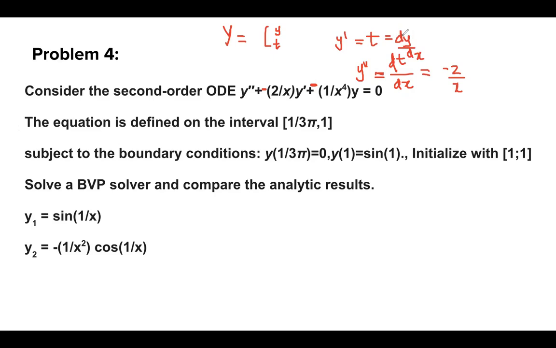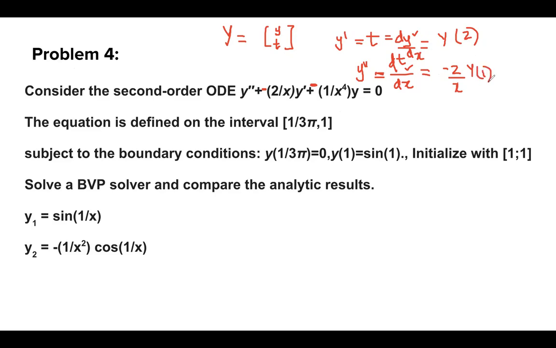I'm writing dy by dx first, so my first variable is y here. The second variable is t, and that is equal to t. So if I have a y variable, I'll write y of 2 here, and here it will be minus 2 by x, and y dash will be nothing but t.